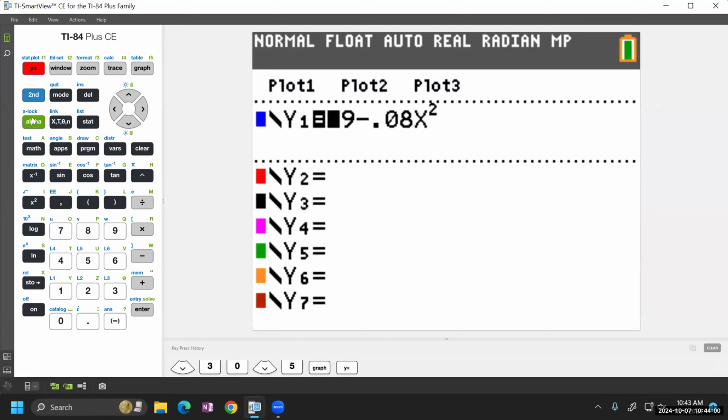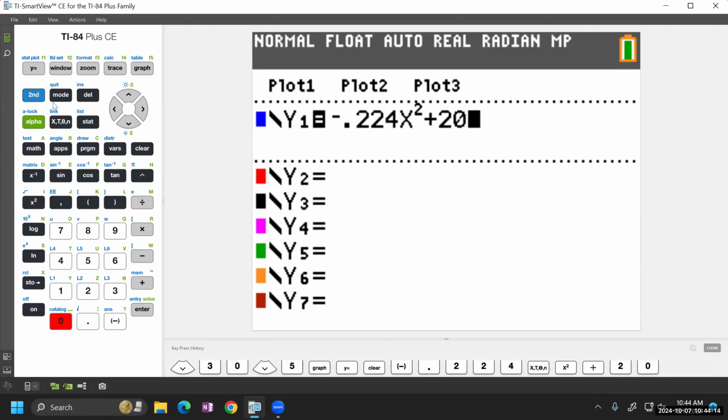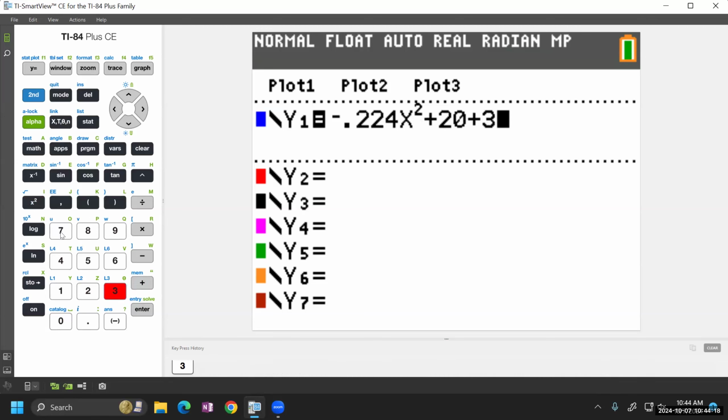Okay, so we have a parabola that opens down, negative 0.224 x squared plus 20x plus 370.7.